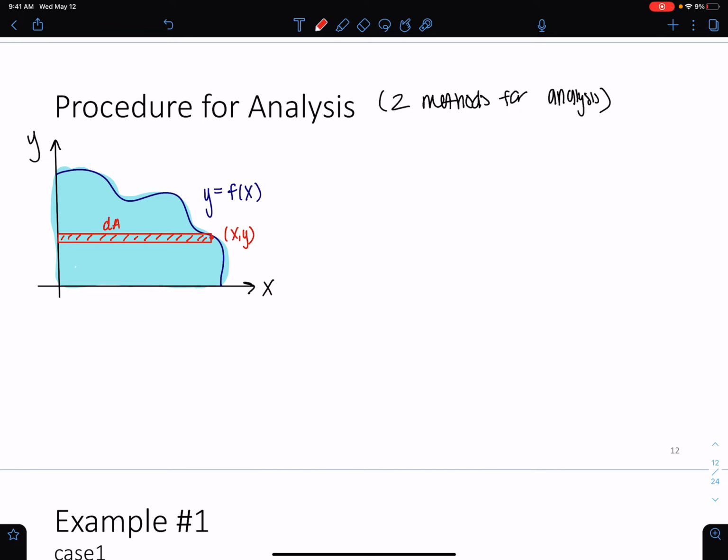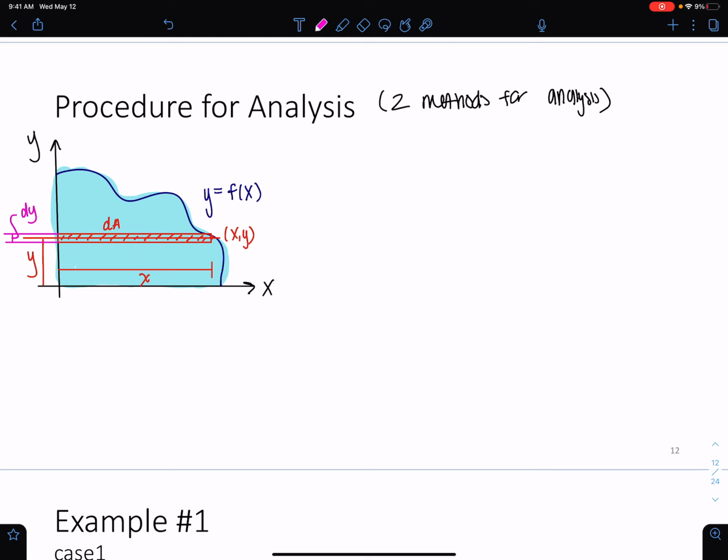It has some center point, at some y and some x, and this element has a thickness of dy.